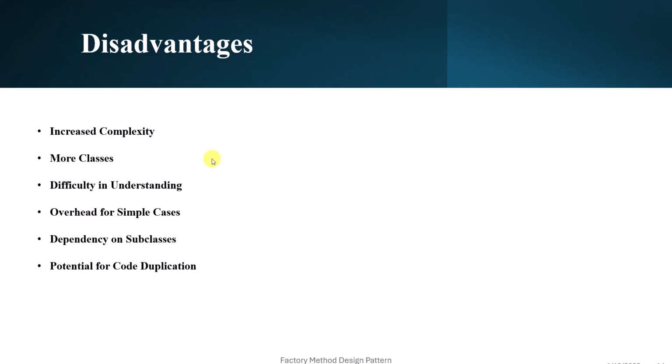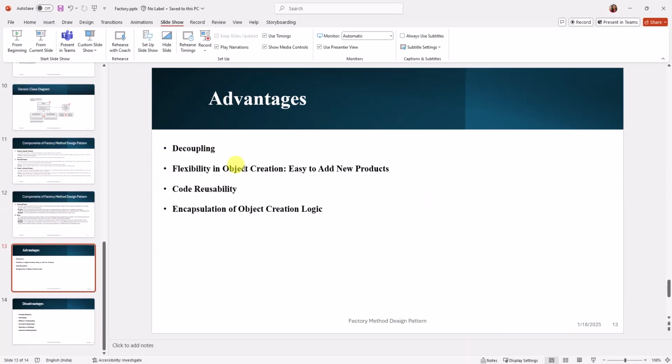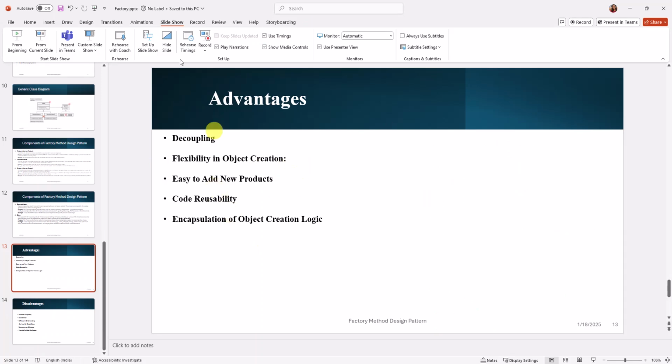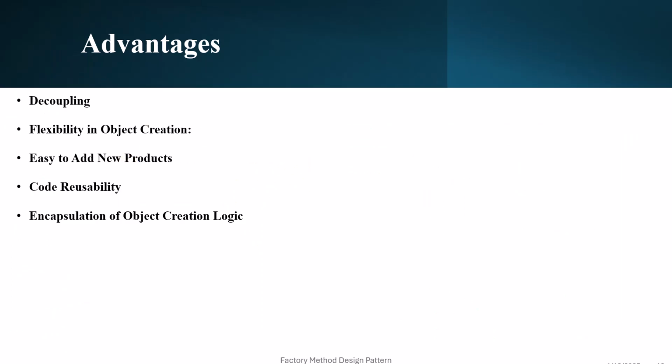The third one is that it is easy to add a new product. This is the third advantage. When we want to add a new product type in the same application, we don't need to change any existing code.